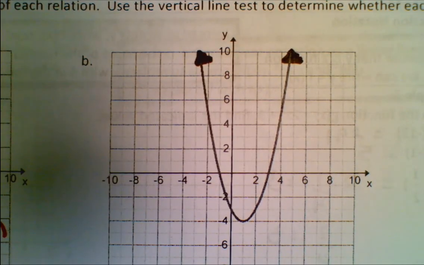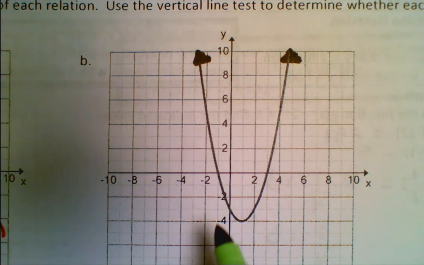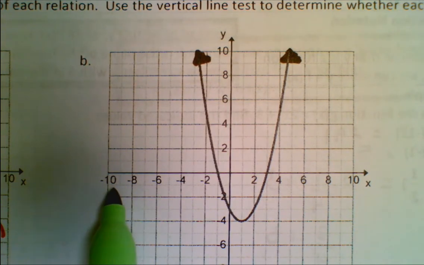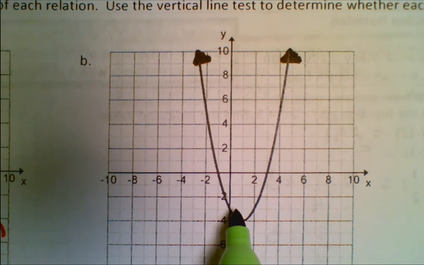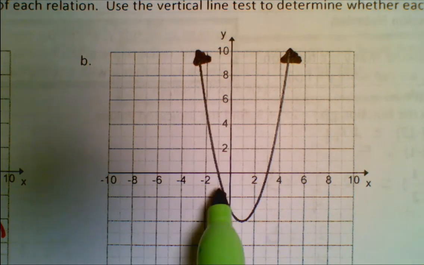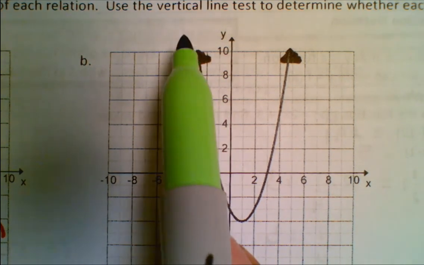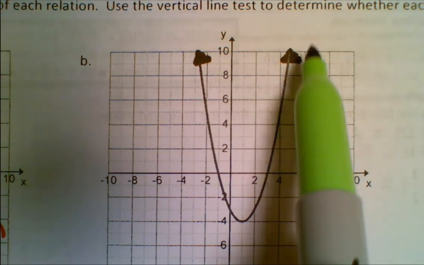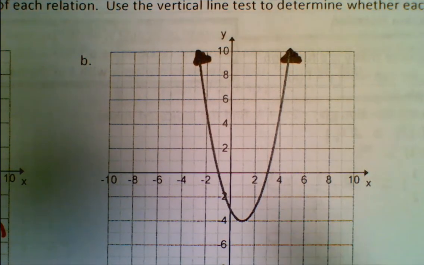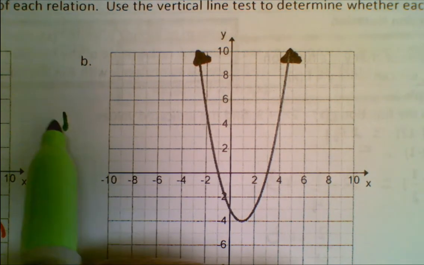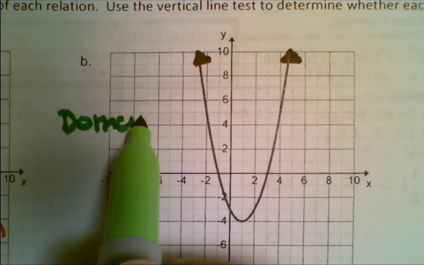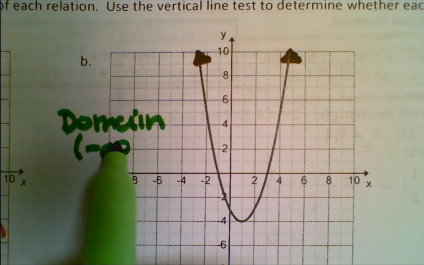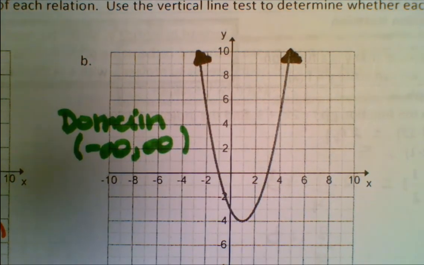As we look at our domain for this graph, notice to the left of 0 on the x-axis, the graph keeps going up, as well as on the right side of the x-axis. So our domain would be from -infinity to +infinity.